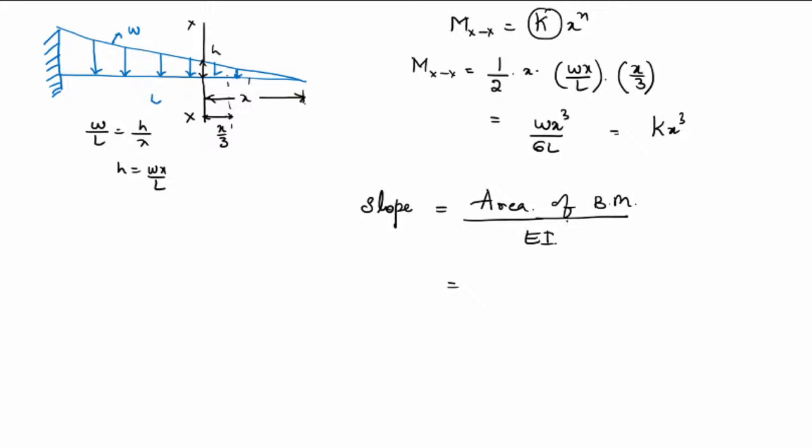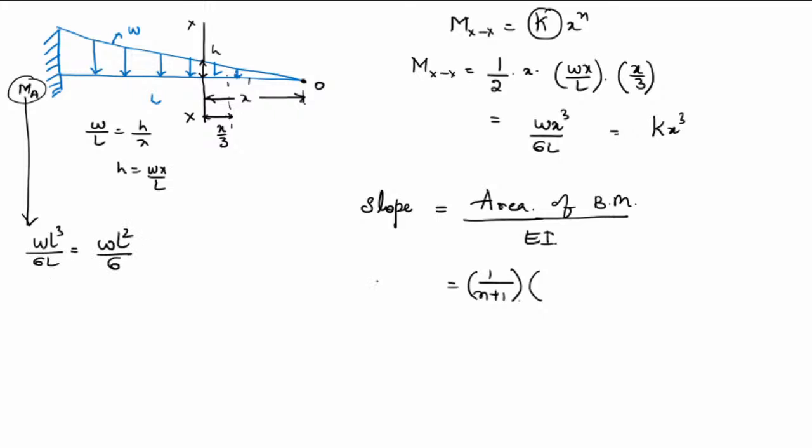So area under BMD will be 1 by n plus 1, as discussed, times bending moment at this location. At this location it is 0. At the other location, in place of x, just substitute L. Bending moment at this location will be W into L cube by 6L, which is equal to WL square by 6.